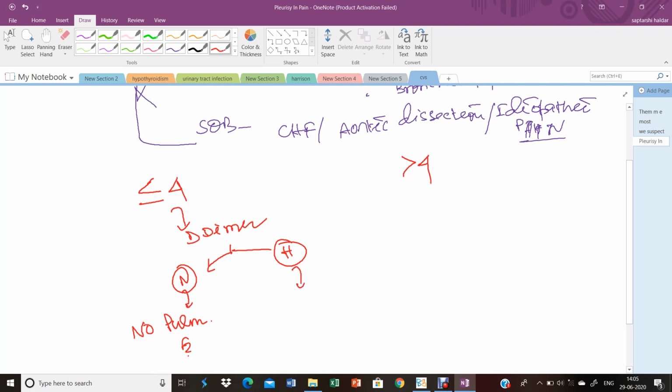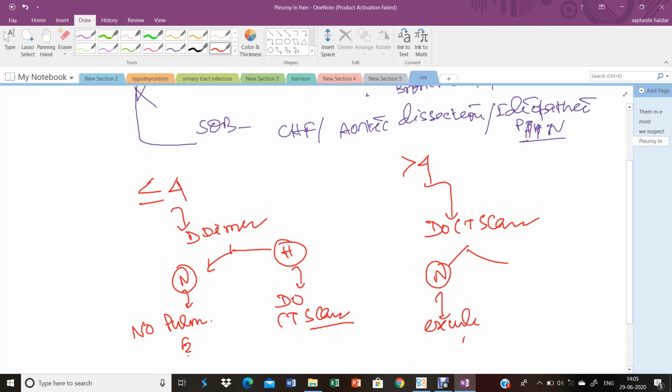If it is high, do a CT scan. If the score is greater than 4, do a CT scan. If it is normal, then exclude pulmonary embolism.